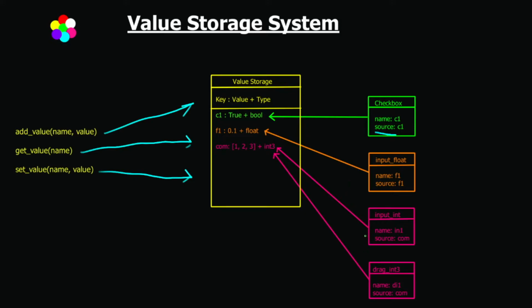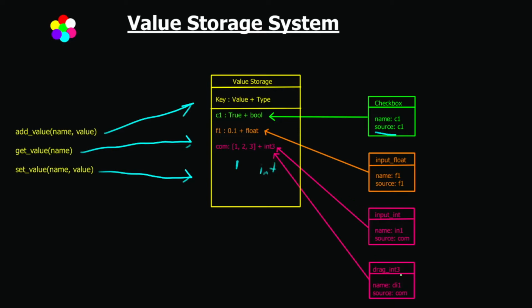The size also matters. So, for example, if I were to add a drag int3 first, so let's take a step back. The first item to actually add it here sets the type for it. So in this case, if you were to add an input int before the drag int3, this actually wouldn't work because the value here would be just a single, let's say 1, for example, which works fine for the input int.